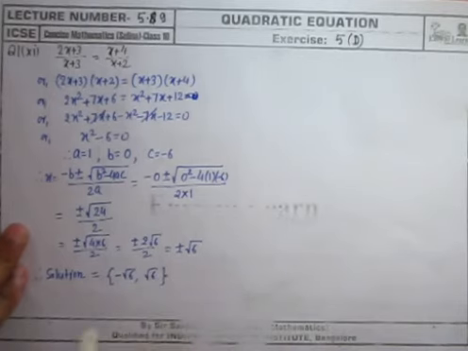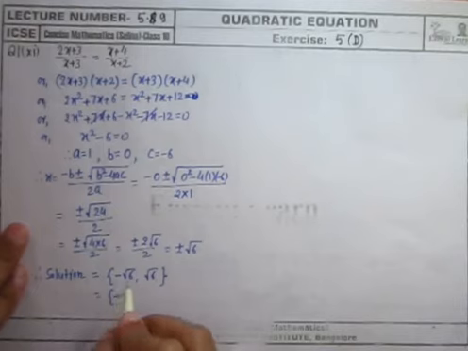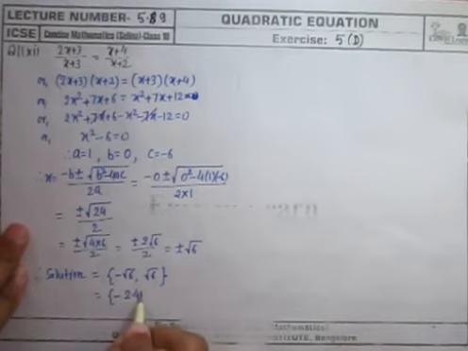You can leave the answer up to here, or you can put the value of the square root of 6, which is approximately 2.45, so the answer is -2.45 and 2.45.